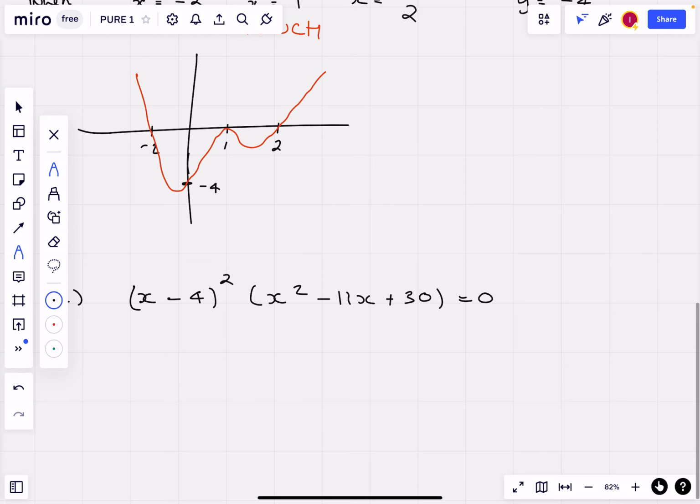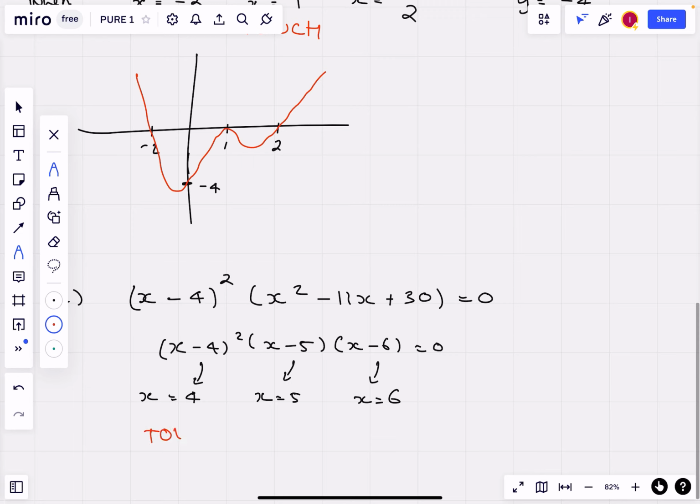When we do that, we get (x - 5)(x - 6) equals 0. So this will give us x equals 4, this gives us x equals 5, and this gives us x equals 6. Where this is going to touch because it's a repeated root.